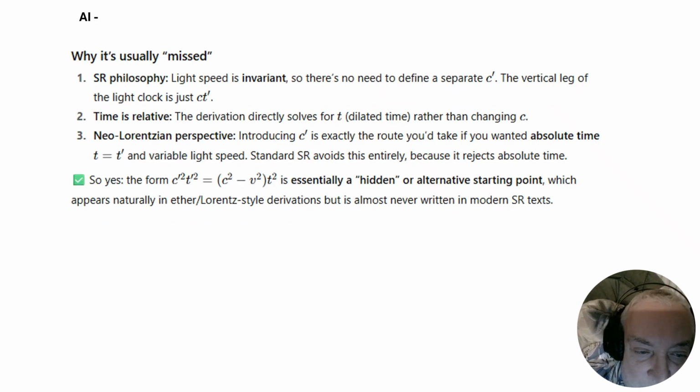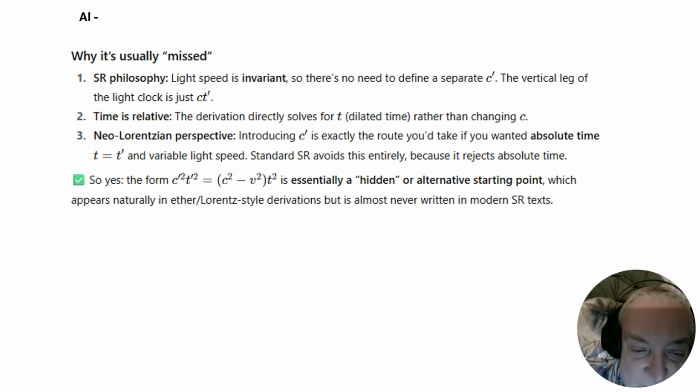AI carries on with why it's usually missed. Number one, it's special relativity philosophy. Light speed is invariant, so there's no need to define a separate c prime. The vertical leg of the light clock is just c t prime.